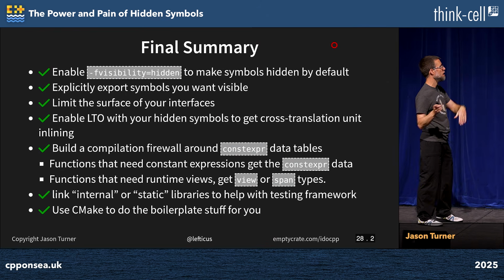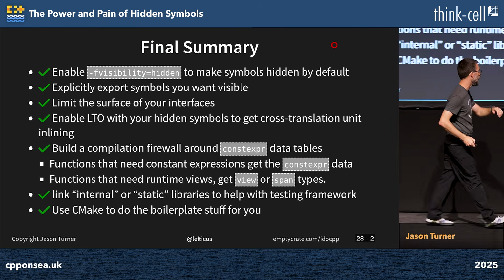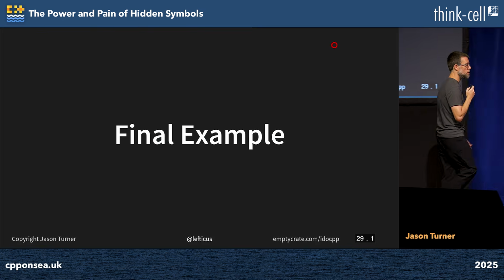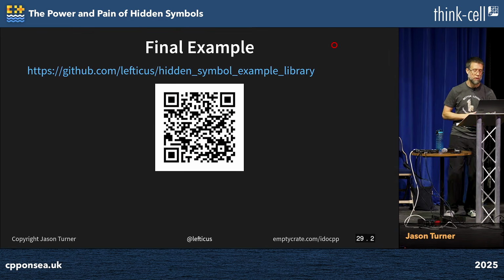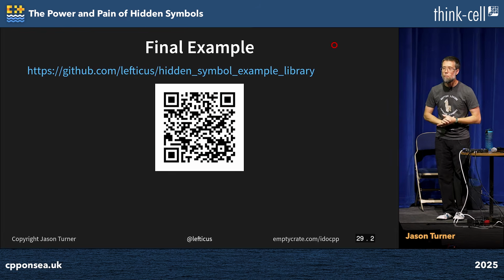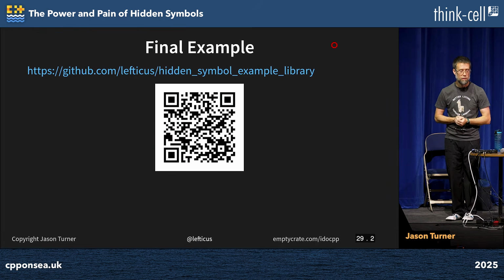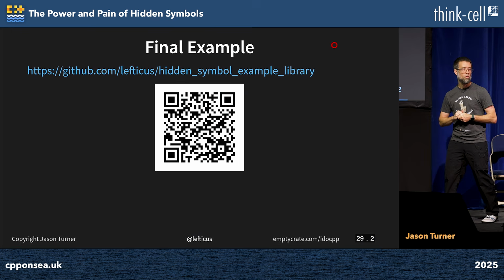Link internal or static libraries to help with your testing framework. Oh, use CMake to do the boilerplate stuff for you. I have 2 minutes remaining. This is a standalone example that shows pretty much how to do this stuff. Do not copy it blindly, please. But it shows you the CMake tools that make this cross-platform and easy.